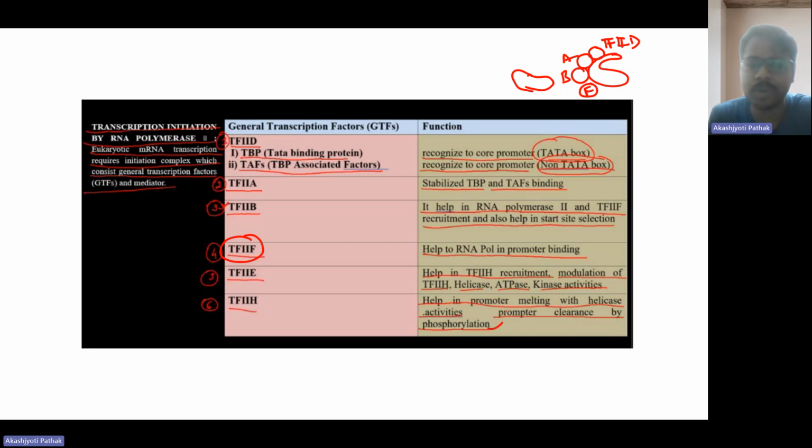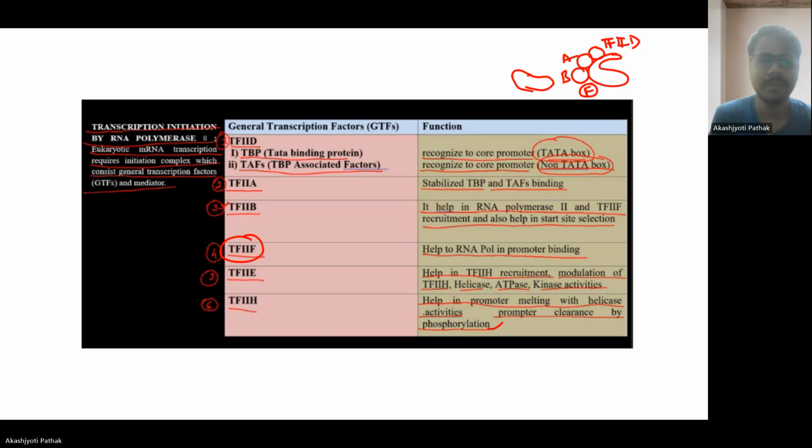Promoter clearance means when the RNA polymerase moves away from the promoter region and enters the coding region of the transcription unit. So that is promoter clearance.